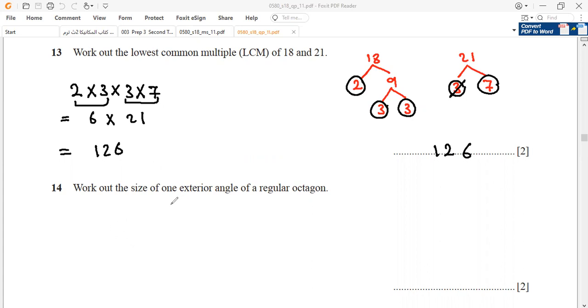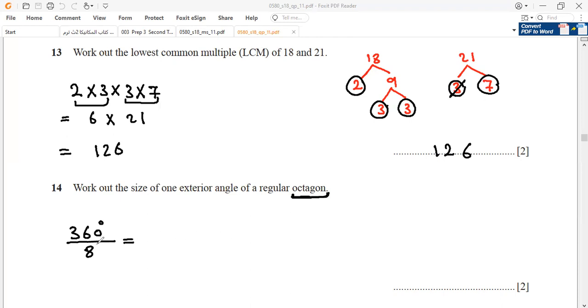So to find the size of one exterior angle, we divide 360 by the number of angles. We have here octagon, 8 sides, so we will have 8 angles also. 360 over 8.